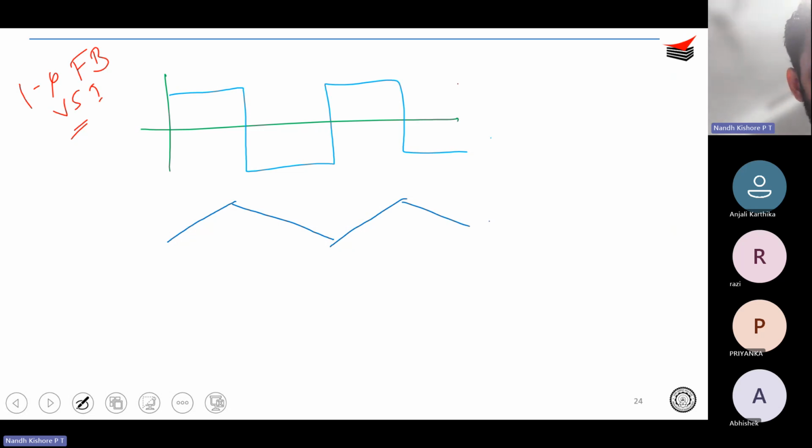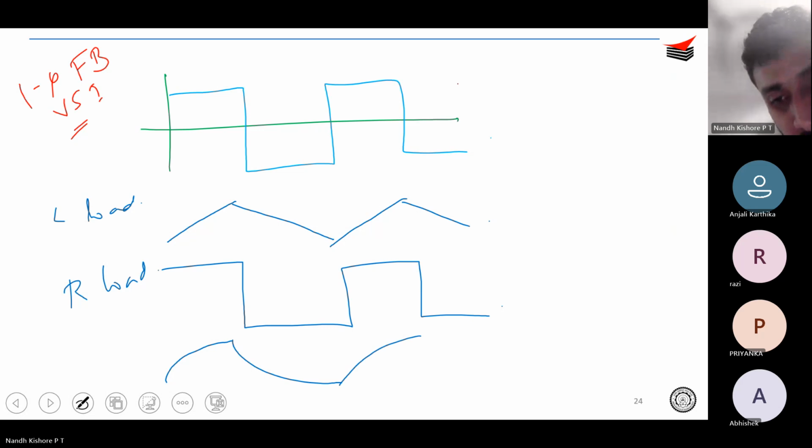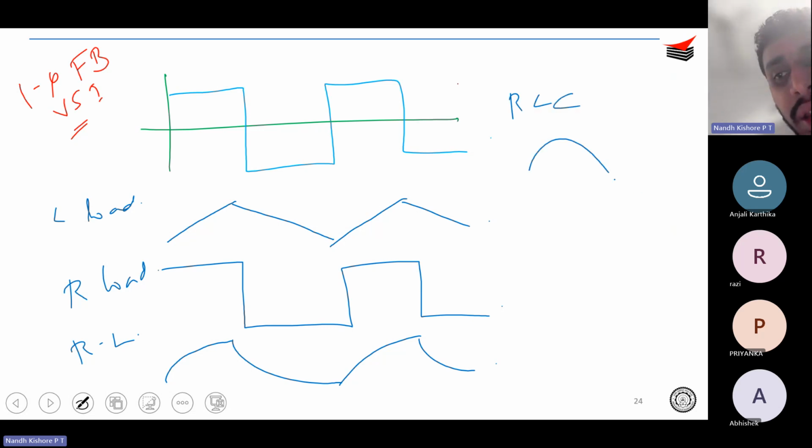If it is an L load, the output current can be something like a triangular wave, and a square wave if it is an R load. If you have an RL load, you can get the RL charging shape. And if you have RLC, you can obtain some kind of resonance and even get a sinusoid.